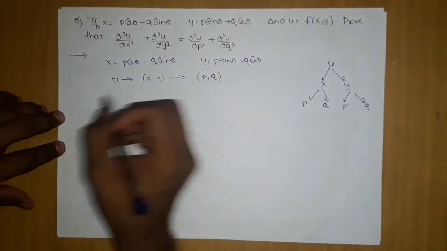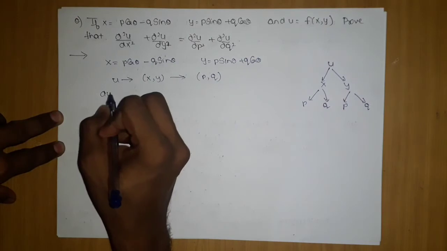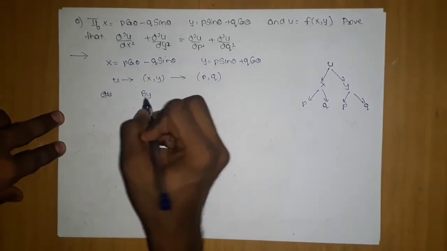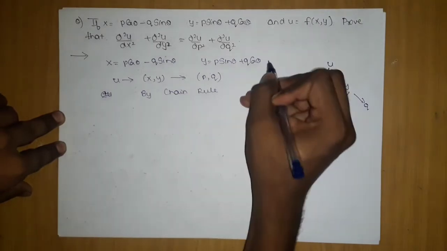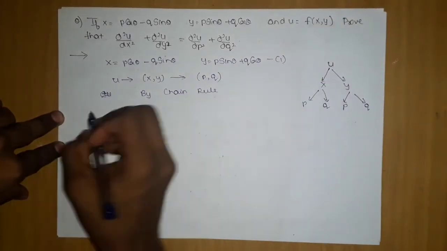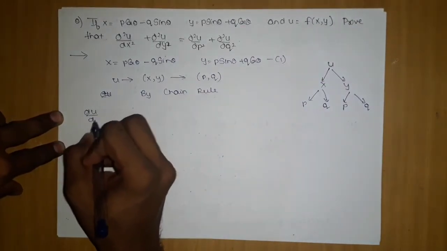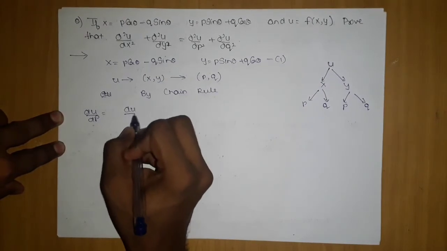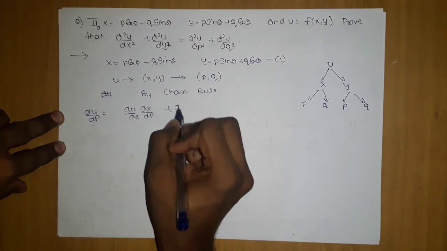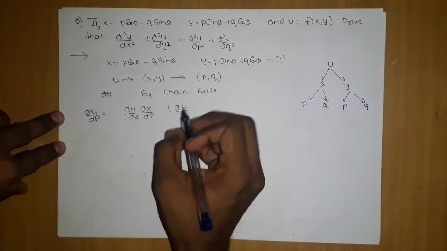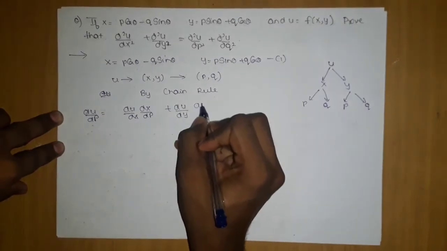If you have mentioned this, by chain rule, dou u by dou p is nothing but dou u by dou x into dou x by dou p plus dou u by dou y into dou y by dou p.